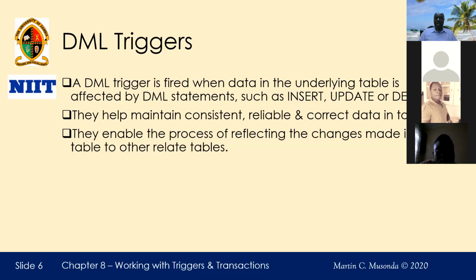These triggers enable the process of reflecting the changes made to one table in other related tables and objects. There are times when you make some changes to the data contained in one table, but you need to also update or make changes to data which is related to what you are changing in other tables and objects.